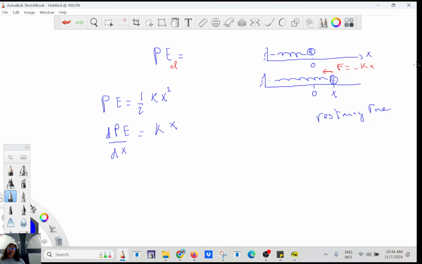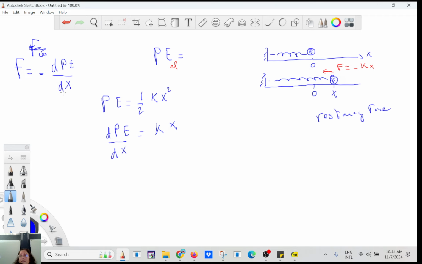Okay? So now I can write that the restoring force, or any restoring force, will be equal to minus the derivative of the potential energy.